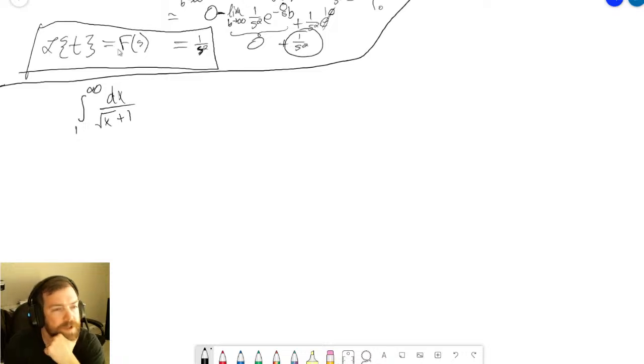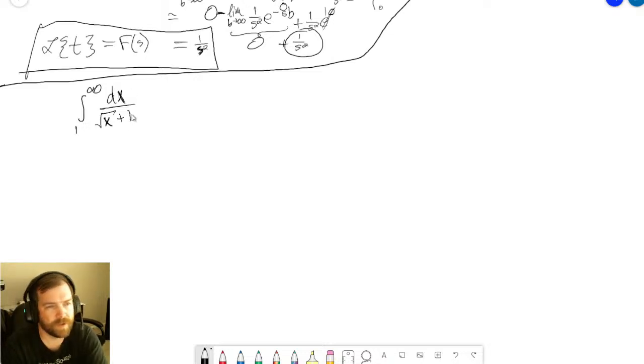So we would need some sort of dx term up top to be able to compare it. And we're only off by a half of an exponent instead of one full exponent. So that's unfortunate.